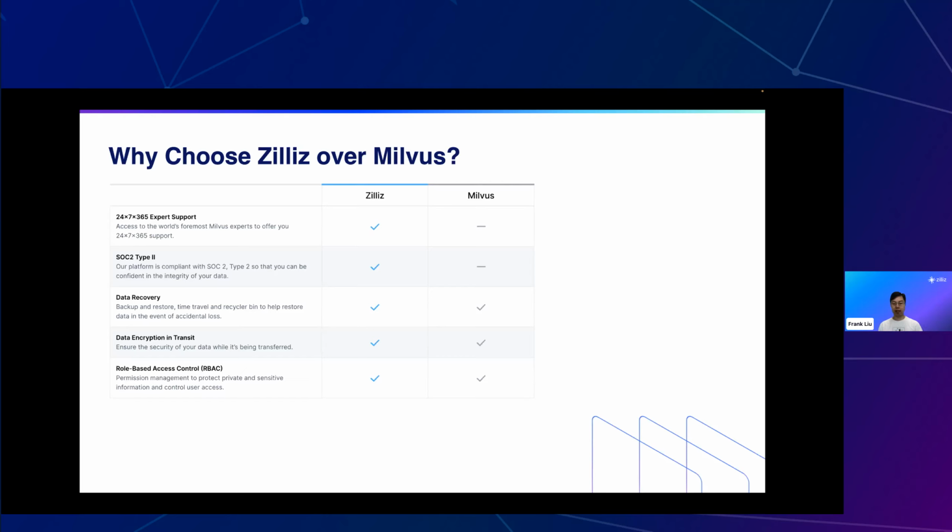Data recovery, backup and restore. We have something called a recycle bin, where if something happens internally, or the data is accidentally deleted on the UI, you can always come and recover your indexes, recover your data in the event of accidental loss.